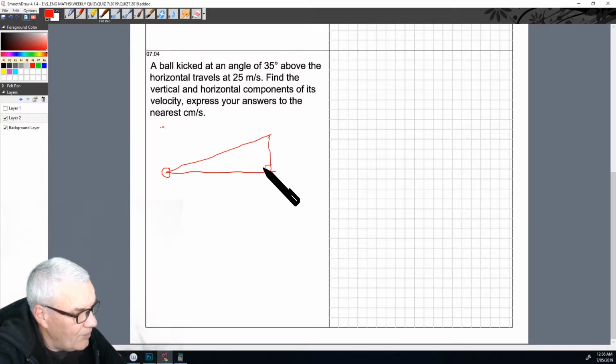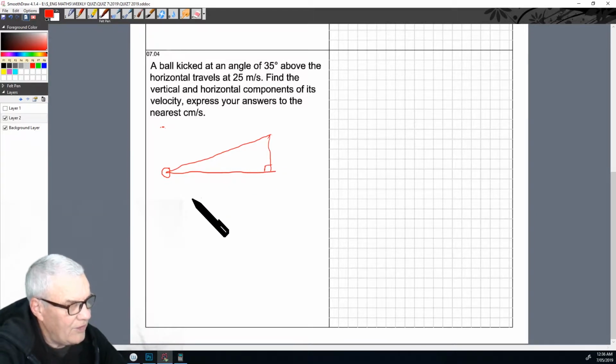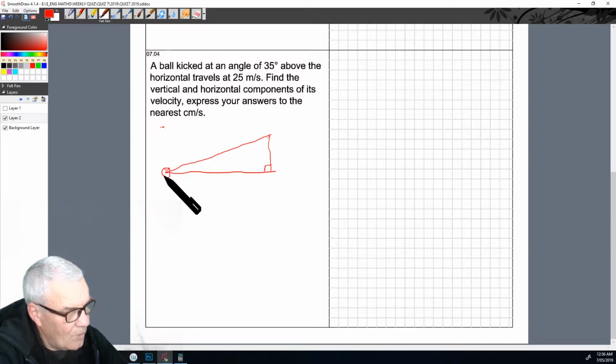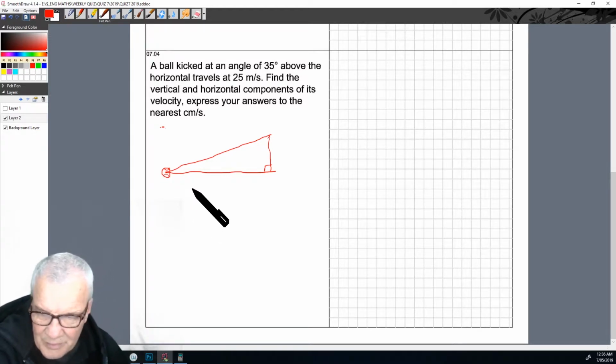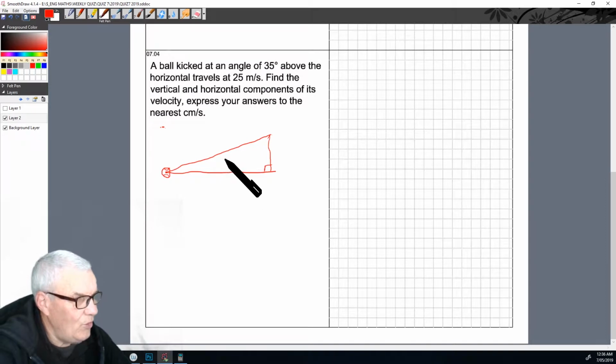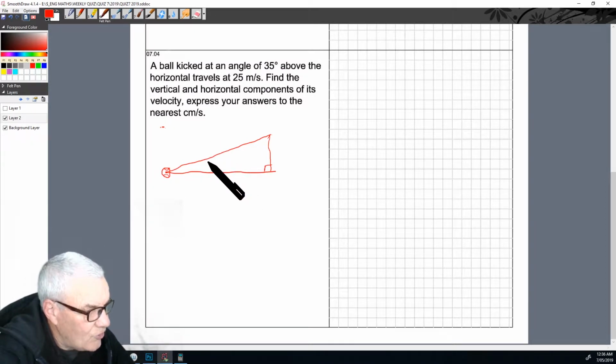So there's our right angle, there's our ball here. Okay, it's a tennis ball. Now this is 35 degrees.